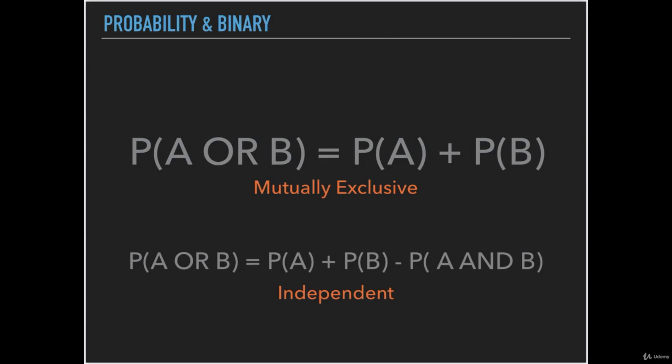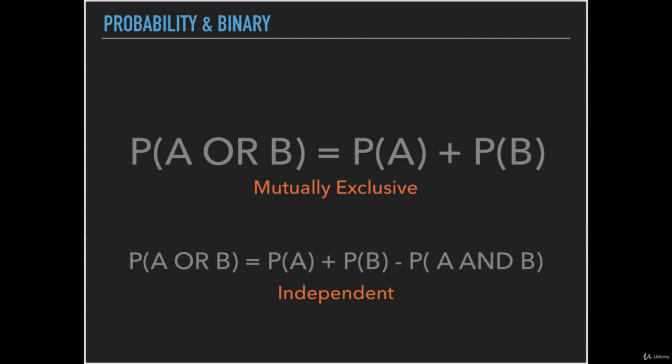And if they're independent from each other, then we need to subtract P(A and B) happening at the same time. Because in P(A) and P(B), we already have P(A and B), and we are counting it twice.